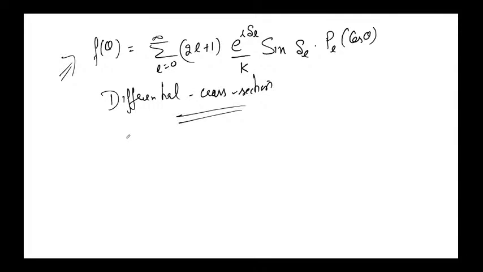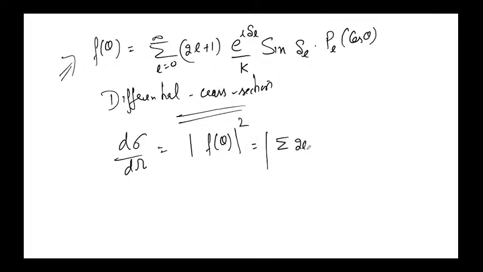So the differential cross section, as we already discussed, has a value equal to the square of the magnitude of this scattering amplitude, and it is the summation of 2l plus 1, exponential of i sigma_l over k, sine of sigma_l, P_l cos theta, squared.